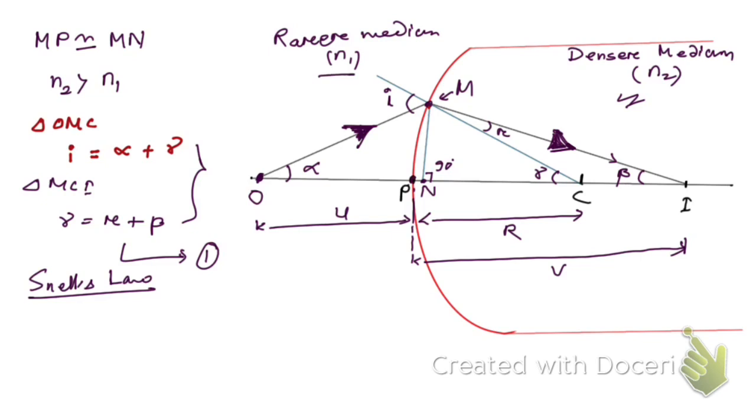The refractive index of this medium, from which the incident ray is going to strike the curved spherical surface, is N1, and after refraction it travels through the denser medium of refractive index N2. So Snell's law says that N1 sine I is equal to N2 sine R.